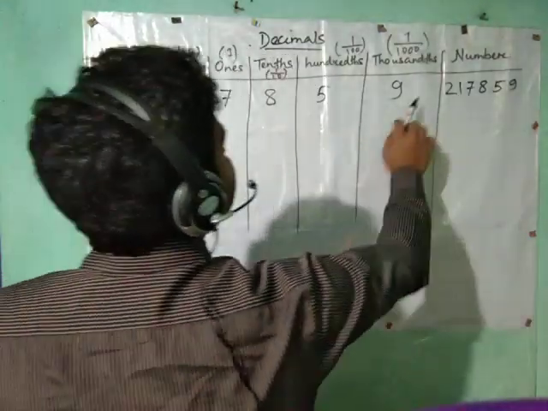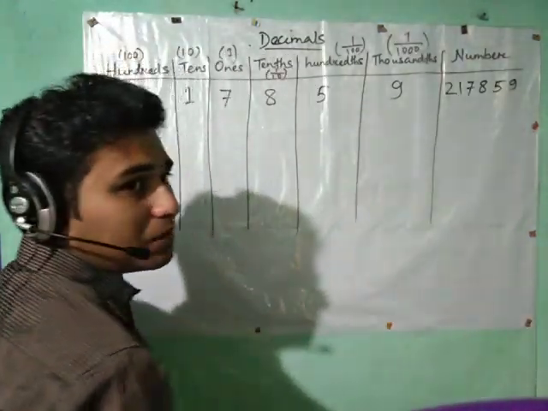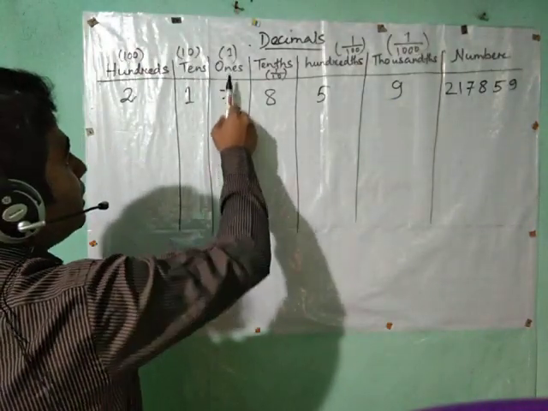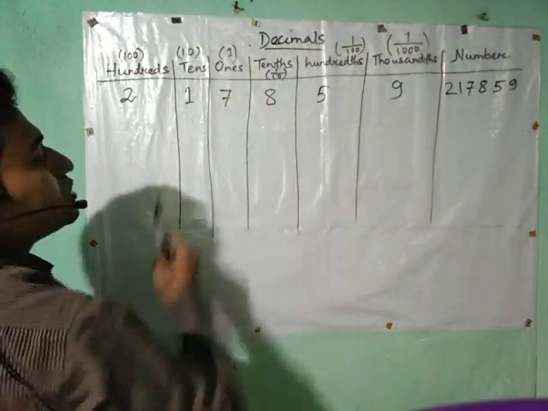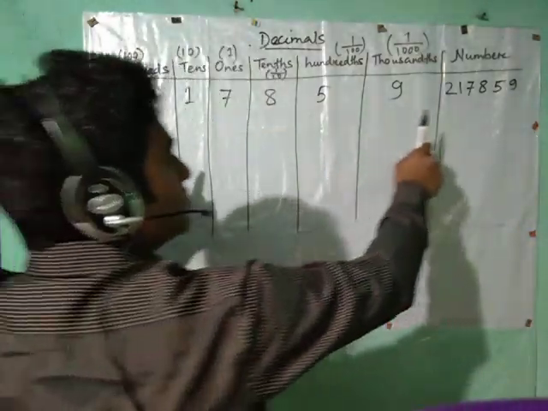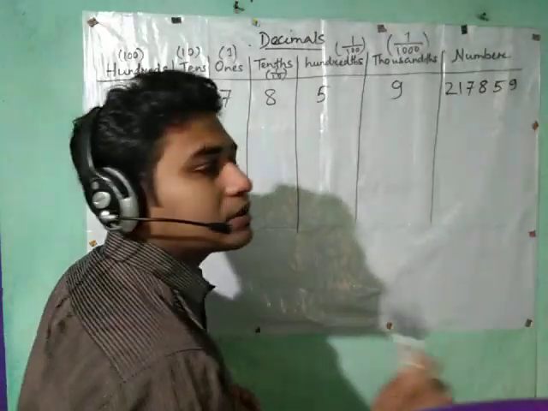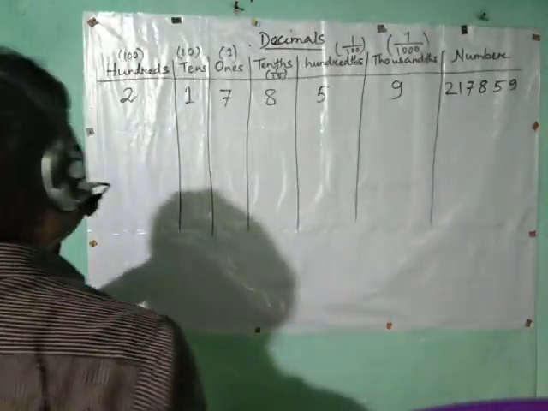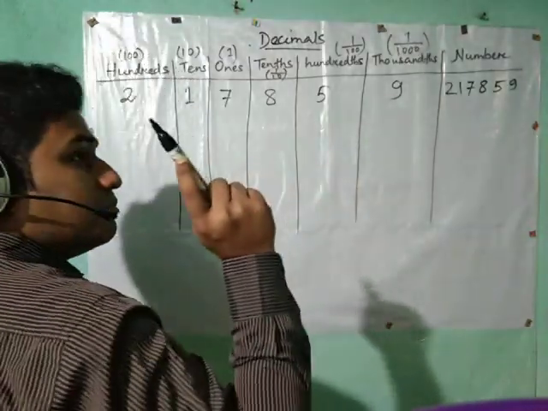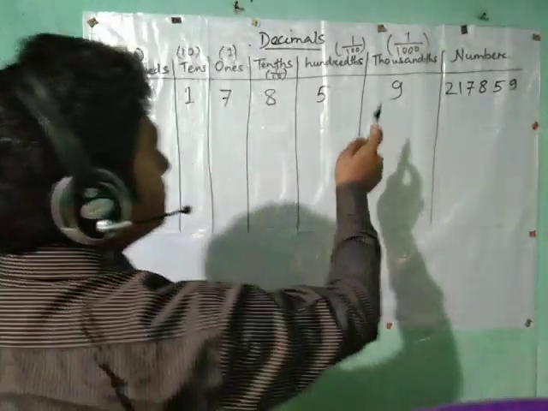But is it really in the ones place in the chart? No, because 9 is in the hundreds place, and under the ones place the digit coming is 7 only. So there is a difference, and this number is not exactly correct. But I told you that this is the way to solve, right? The basic mistake is what?